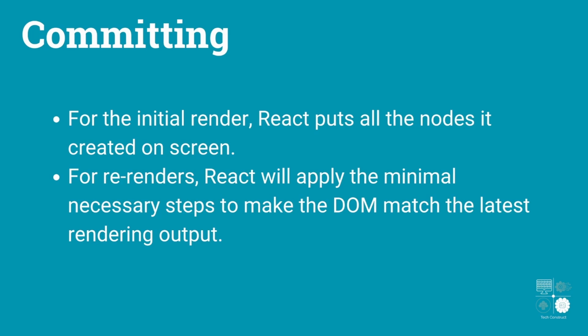For the initial render, React uses a DOM method known as appendChild to put all the nodes it created on screen. For re-renders, React will apply the minimal necessary steps during the rendering to make the DOM match the latest rendering output. React only changes the DOM nodes if there's a difference between renders.